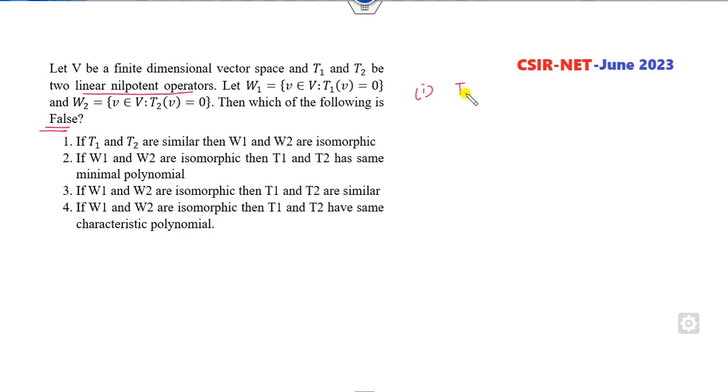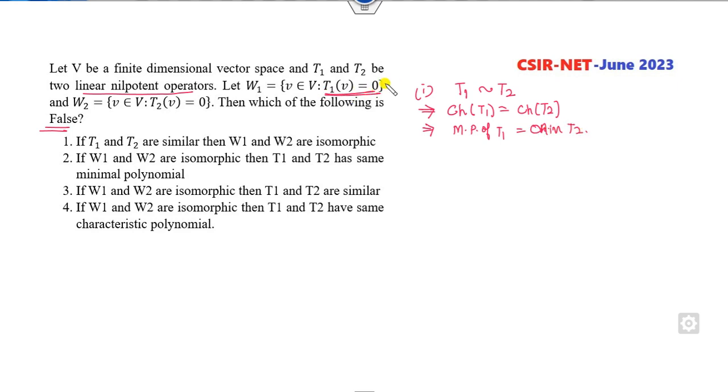Fine. T1 is similar to T2. What is the meaning of that? Characteristic polynomial of T1 is the same as the characteristic polynomial of T2, or you can say the minimal polynomial of T1 is the same as the minimal polynomial of T2.